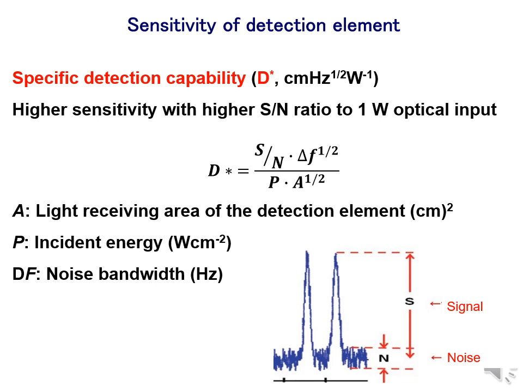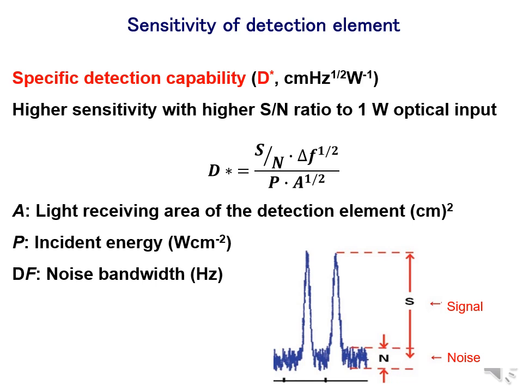The sensitivity of the detection element is evaluated by the value of the specific detection capacity D star. This value is expressed as the value of the signal-to-noise ratio for a 1 watt optical input, with higher values indicating higher sensitivity. The signal-to-noise ratio is the ratio of the intensity of randomly generated noise to the intensity of the signal you are trying to measure.